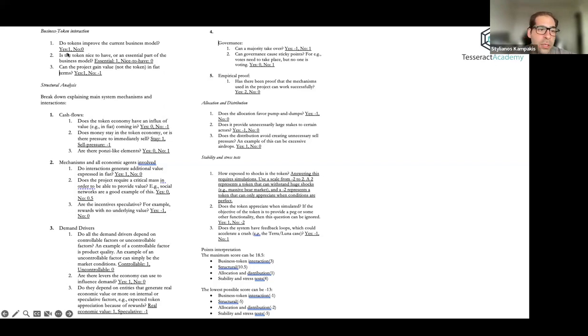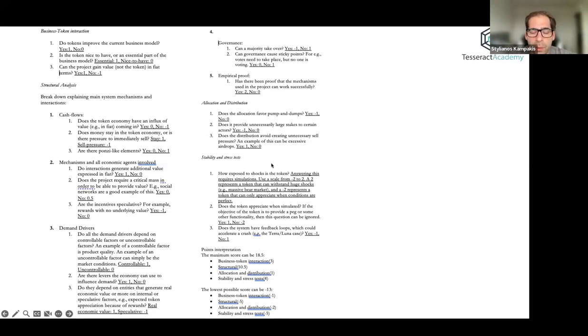That is the business token interaction, structural analysis, which falls into a few different subcategories: cash flows, mechanisms of all economic agents involved, demand drivers, allocation distribution, stability, and stress tests. And then within each one of those categories, we have to try and answer each one of those questions.